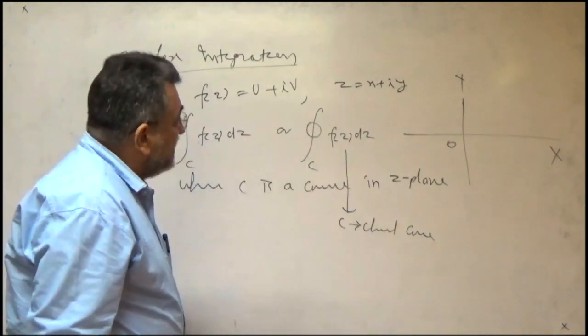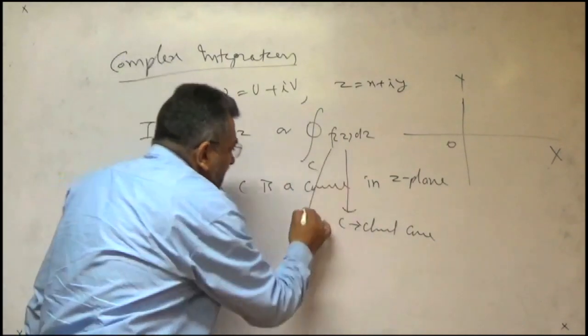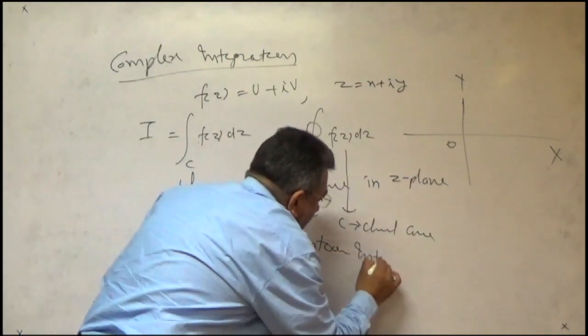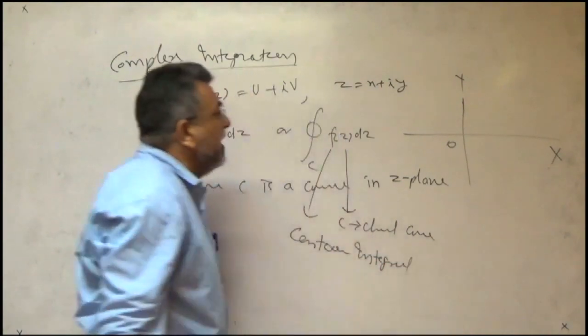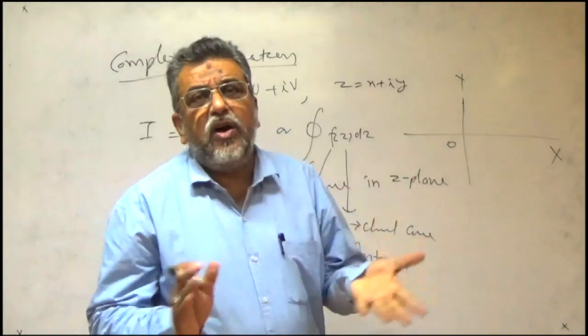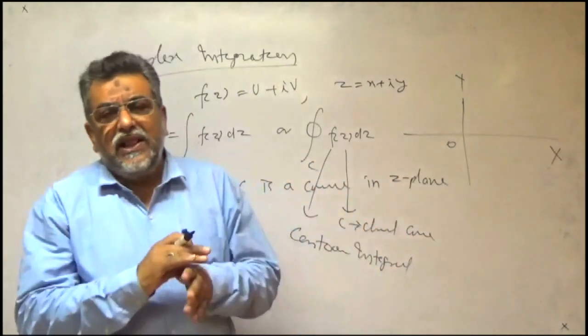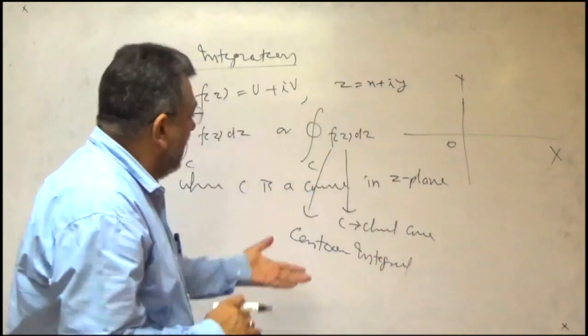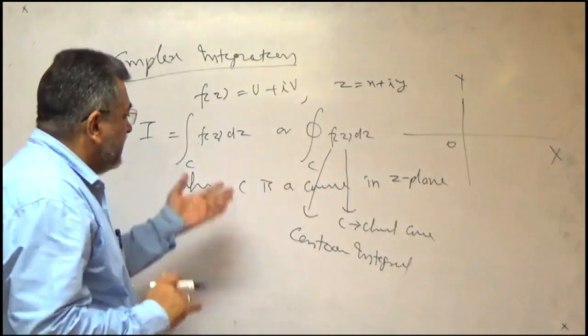Both are complex integrals. This integral is also known as a contour integral, meaning if we are taking a complex integral along a closed curve like a circle, rectangle, square, or triangle, then it will be a contour integration.